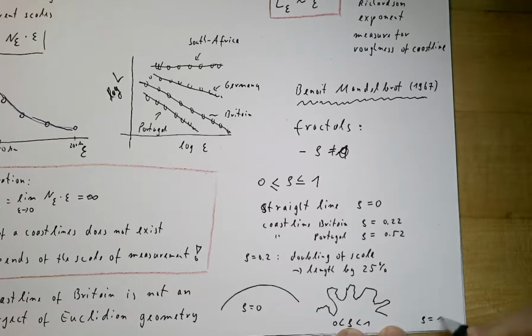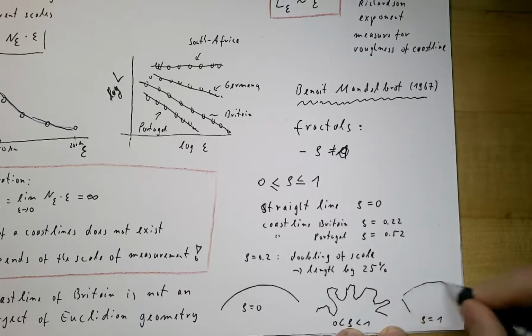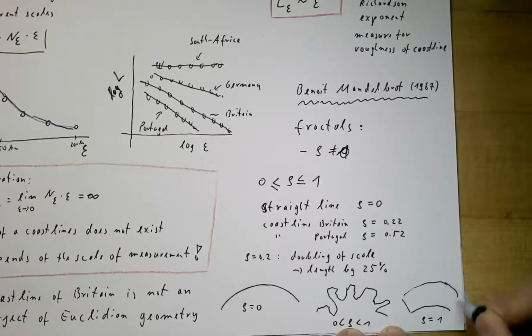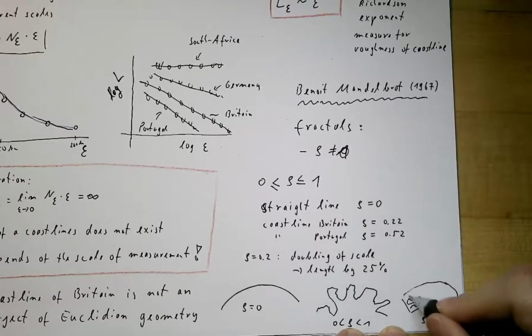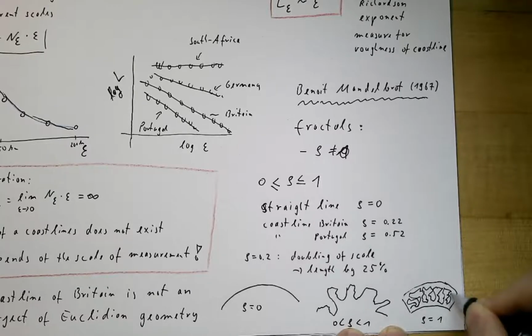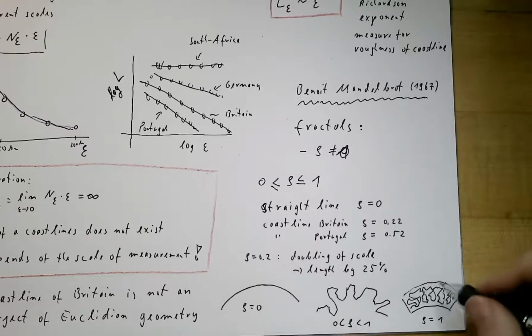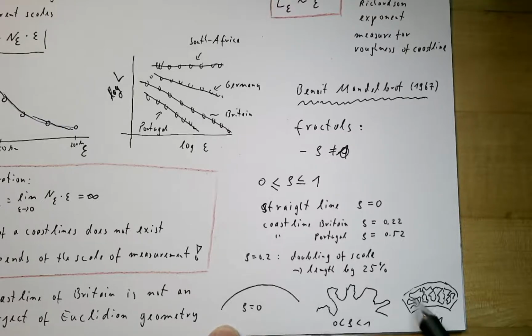If we go to r equal 1, we have a space-filling curve. We have a curve which is so rough that it basically fills the whole area. So that's a space-filling curve. That means this roughness exponent tells us where we lie in this continuum from a very smooth curve to the maximal, a space-filling curve.